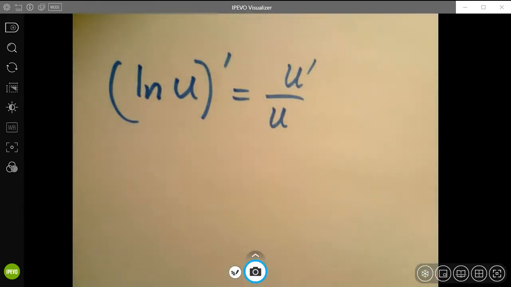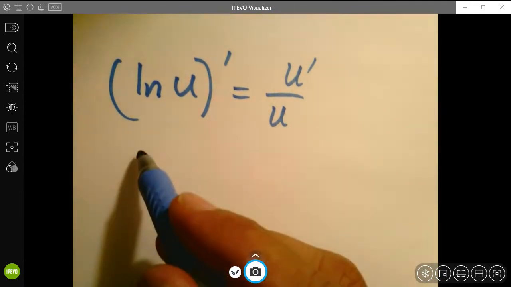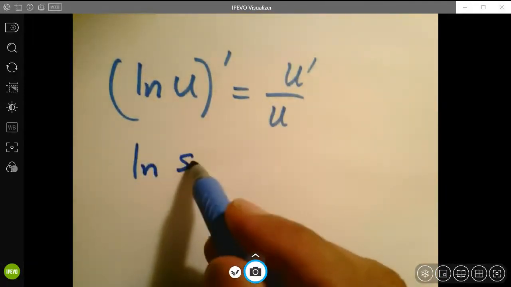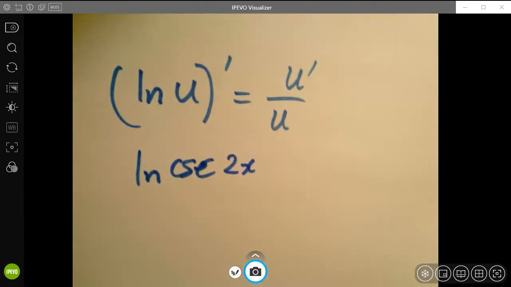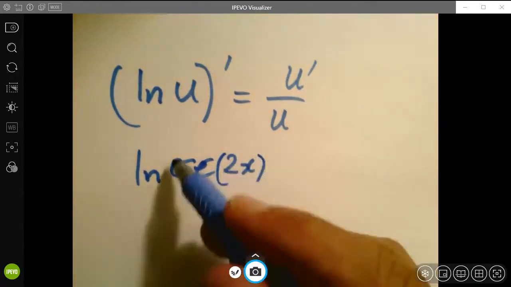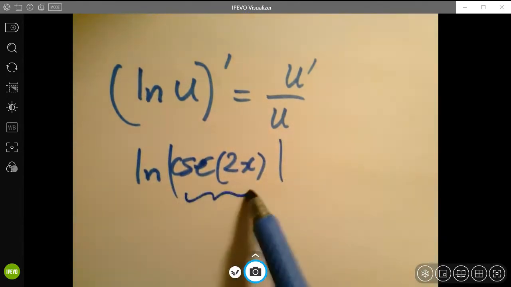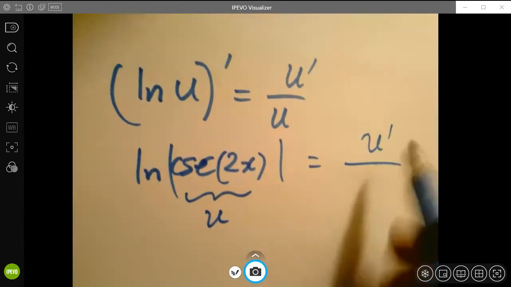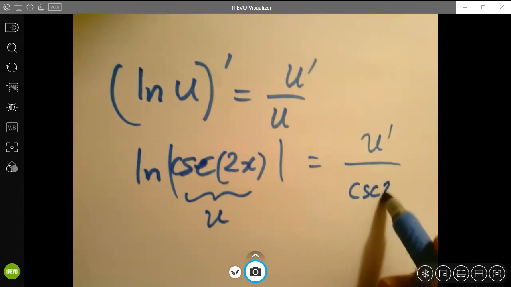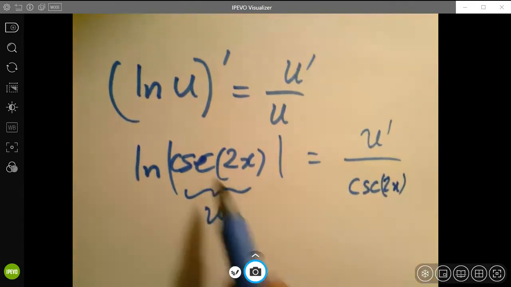Now if you have ln of what? Cosecant of 2x. This is u. Then it will be u prime over cosecant of 2x. Now I have to derive this one.